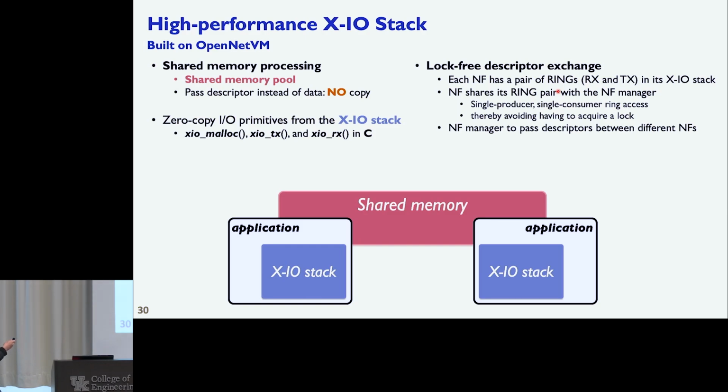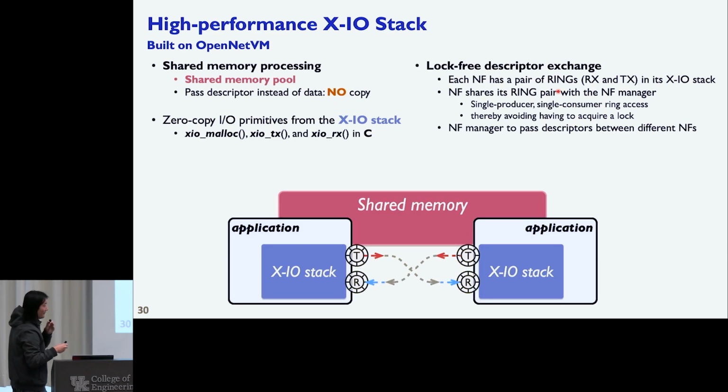And the key to enabling zero-copy delivery is to pass descriptors instead of real data. For that purpose, we use the lock-free descriptor exchange from OpenNetVM to enable descriptor exchange between different NFs. As you can see here, each network function has a pair of rings for the receive and transmit of packet descriptors.